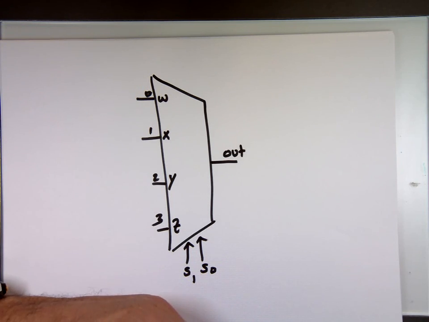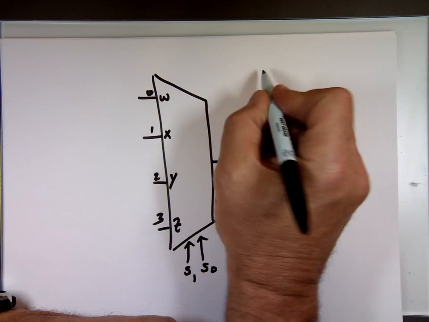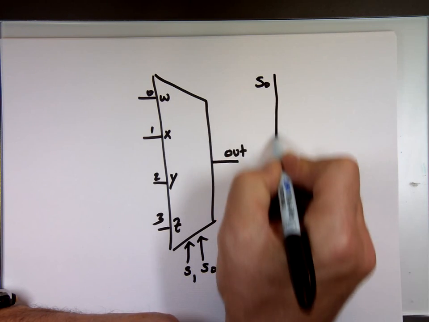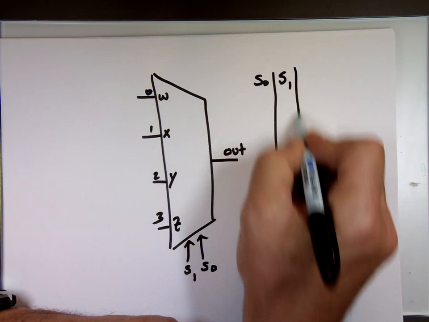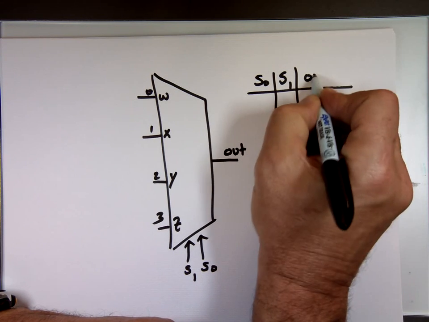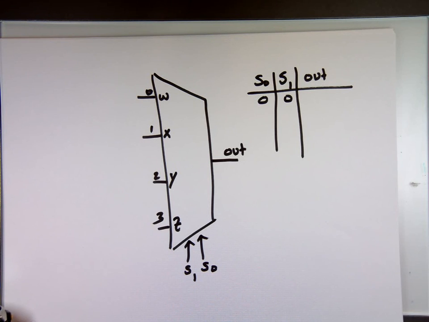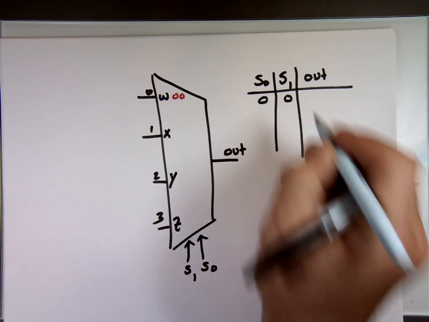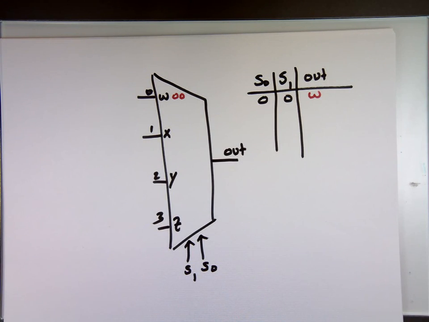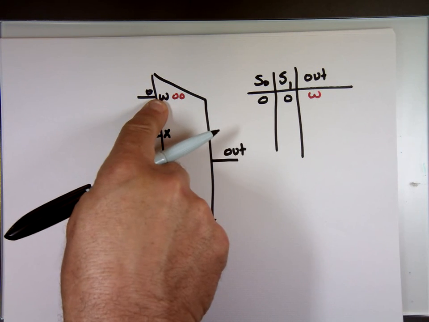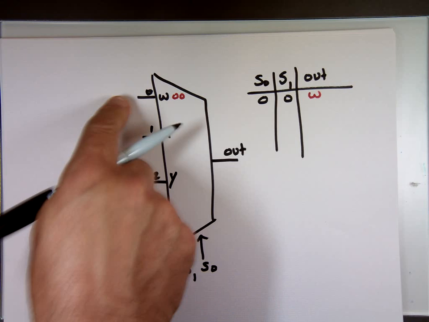So here's what the truth table for that will look like. I'll make a table because it will be easier. When S0, S1, and your output are both 0, your output should be whatever you attach to pin 0, which I'm going to call W. If you attach it to ground, it's ground.